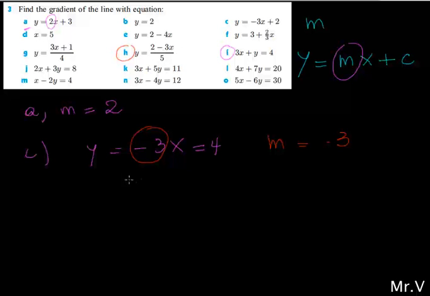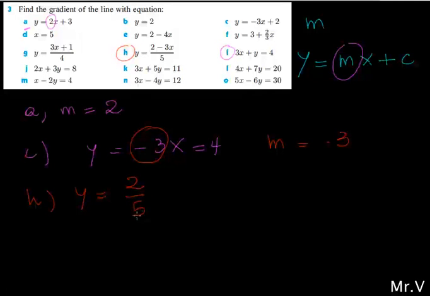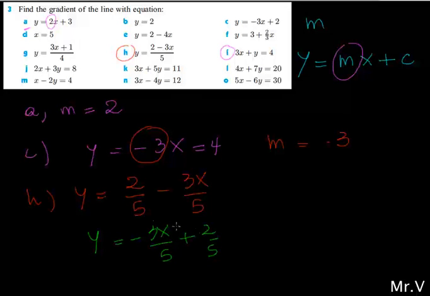So you will have y equal 2/5 minus 3x over 5, and what I want is just to reorder my equation, and there you go.